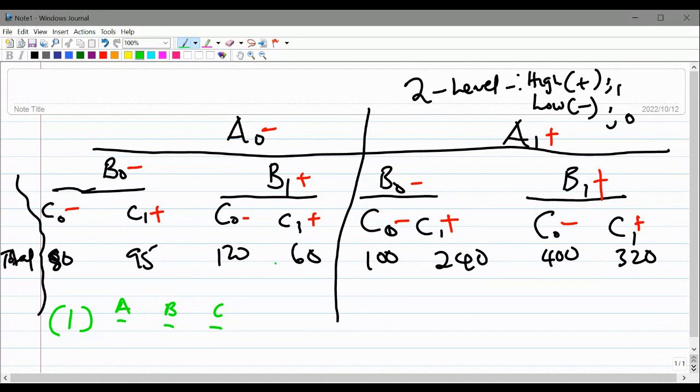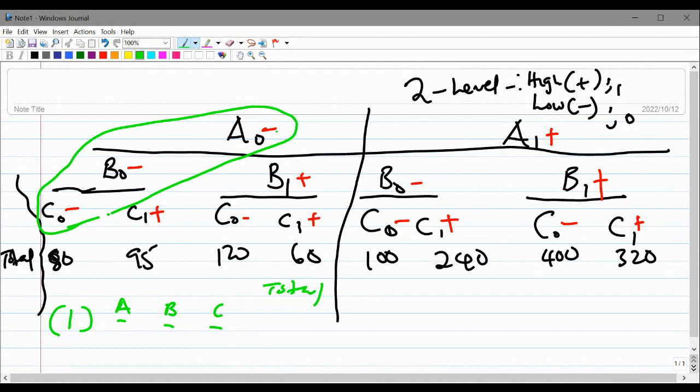So the total for neutral is A at lower level, B at lower level, C at lower level. It will produce the total of 80.